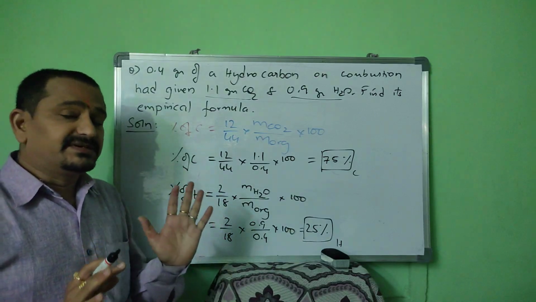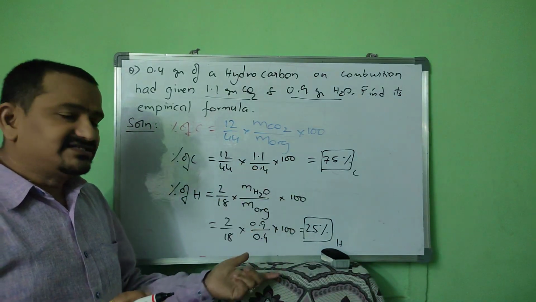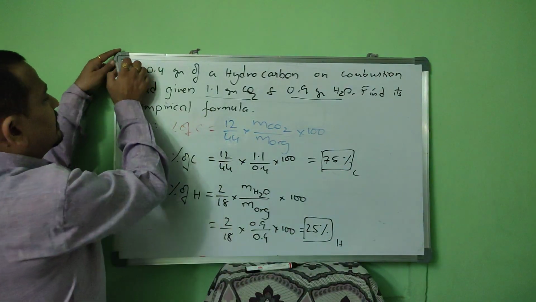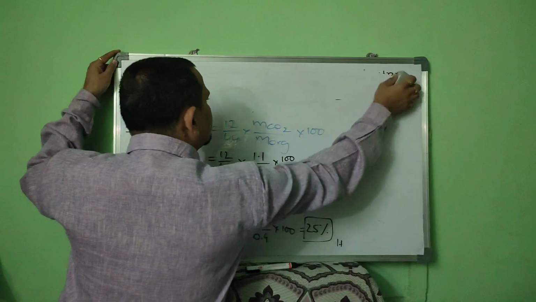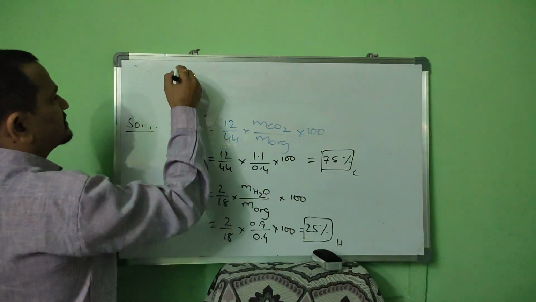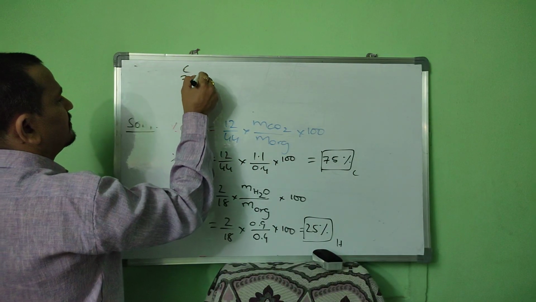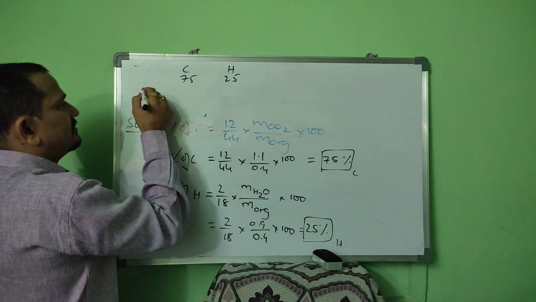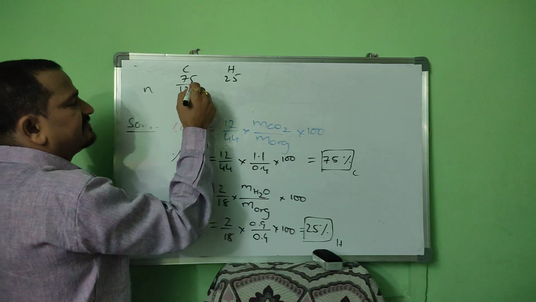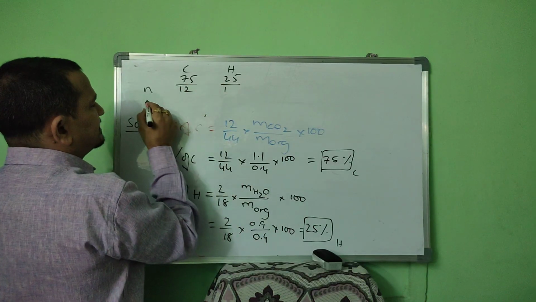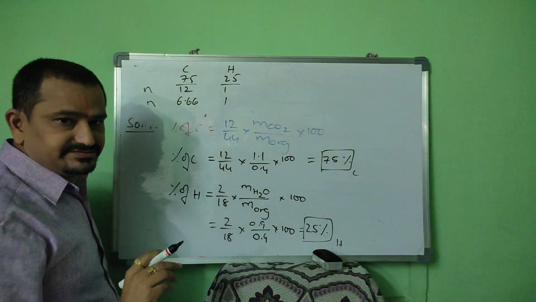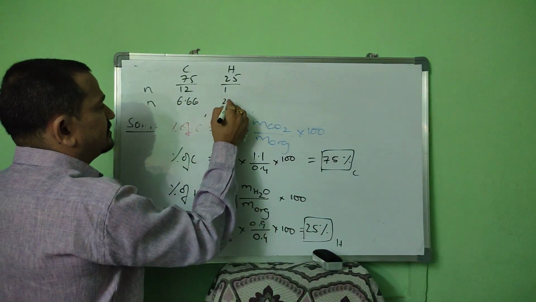Now we have got the percentage by mass of carbon as well as hydrogen, using which we can determine their empirical formula. How? You know the method. Suppose carbon is 75 and hydrogen is 25% by mass. Now find their number of moles, dividing them with their atomic masses. The number of moles ratio is 6.25 here and 25 here.